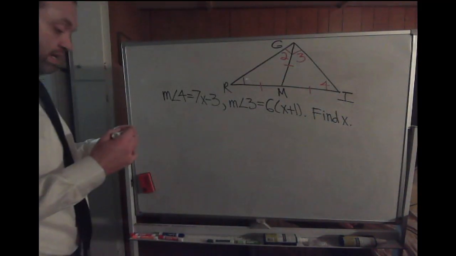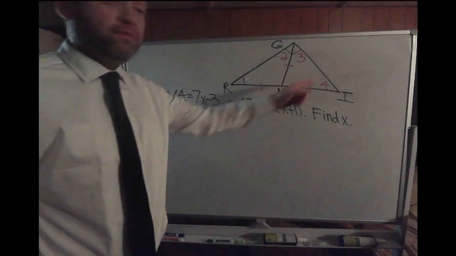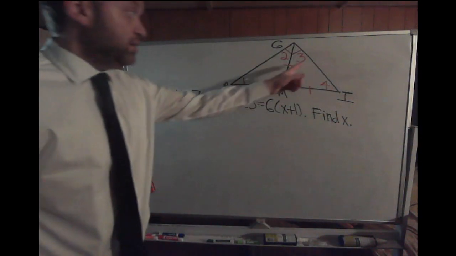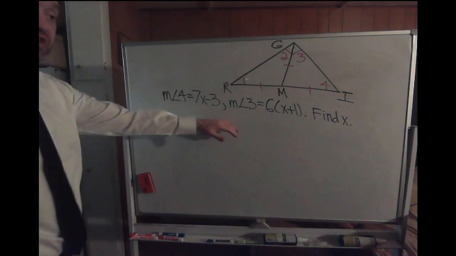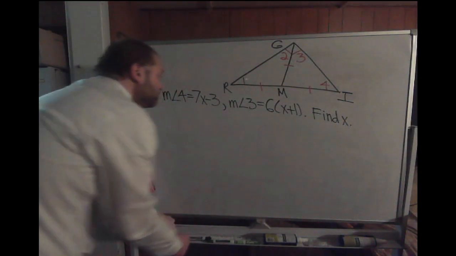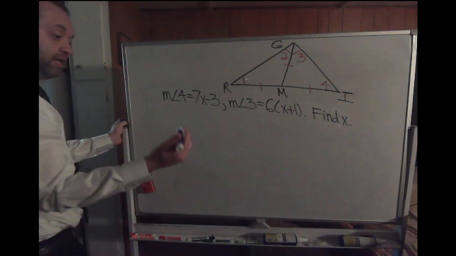Well, it still applies in this exercise that angles 3 and 4 would be congruent to each other by the isosceles triangle theorem. So this is actually going to be a piece of cake. All we would have to do is take angles 4 and 3, set them equal to each other.